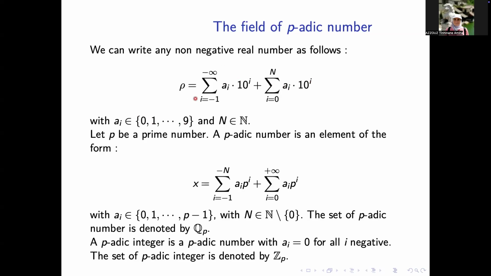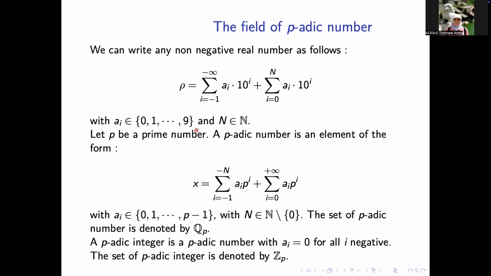And there is the other side, behind the dot, when we write our real number in decimal form. It is an infinite sum, and the coefficients are also between 0 and 9.